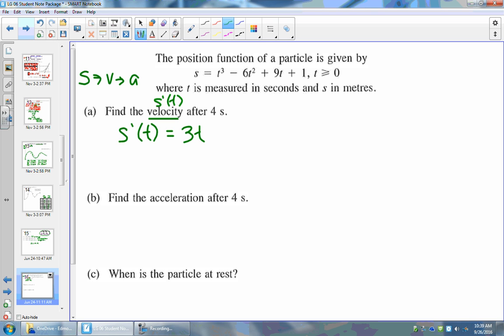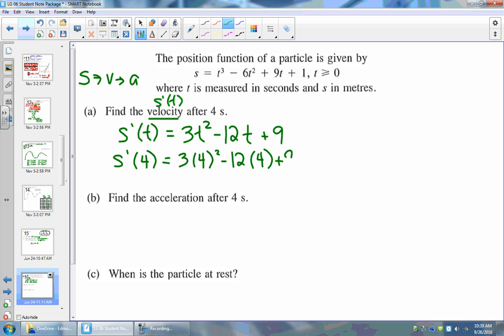So 3t squared minus 12t plus 9. And it's saying after 4 seconds, so that must mean we're plugging in 4 for our t. So 3 times 4 squared minus 12 times 4 plus 9. And when you guys evaluate that, which you're more than capable of doing, you're going to get 9 meters per second. So at 4 seconds, the velocity is 9 meters per second.